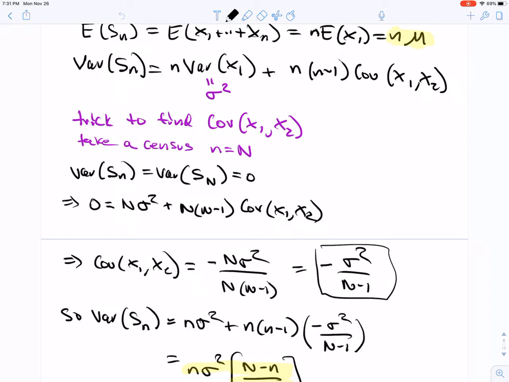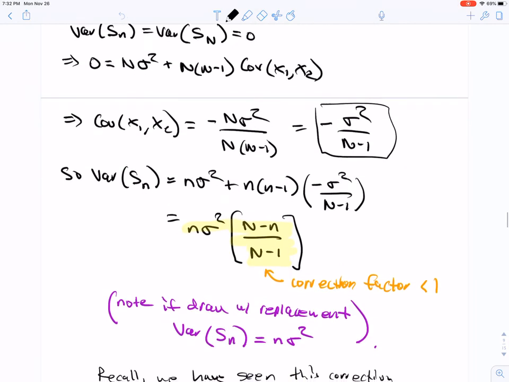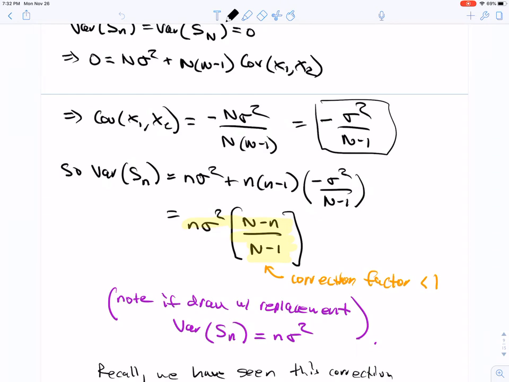So we have 0 equals n sigma squared plus n minus 1 covariance x1, x2, where here n is capital N. And then we can solve for covariance x1, x2, and we see it's equal to minus sigma squared over n minus 1, and hence the variance of Sn is n sigma squared times this correction factor, n minus little n over big N minus 1.